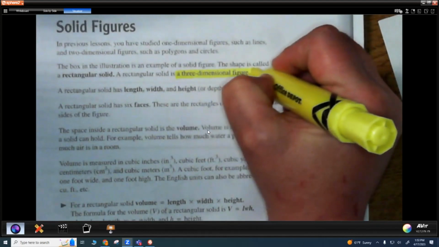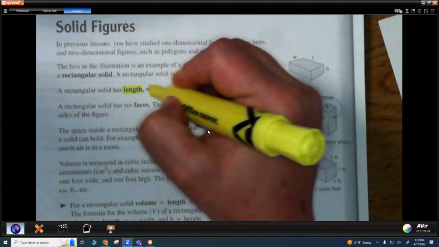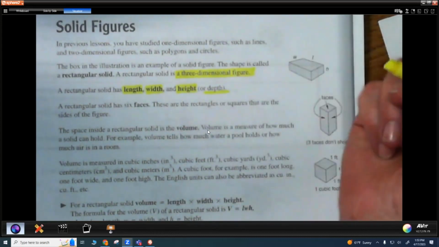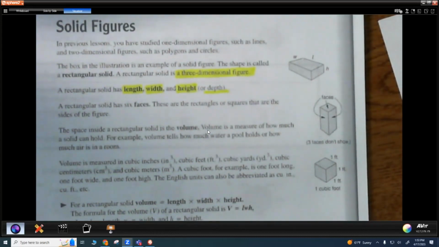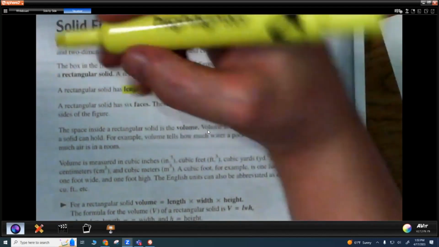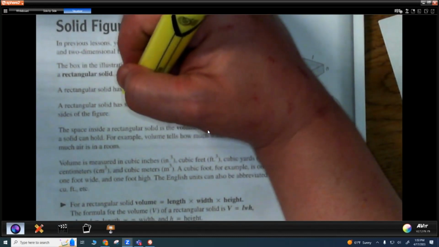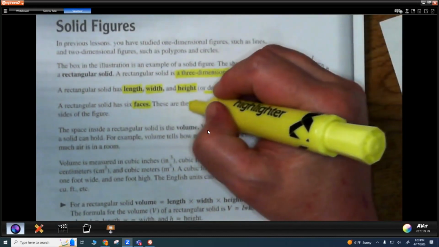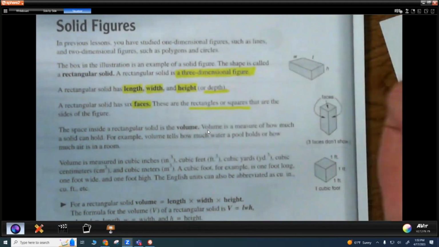Sometimes it's helpful to think of height as depth. We already talked about this idea of faces, and faces are our polygons that create the sides of the figures.